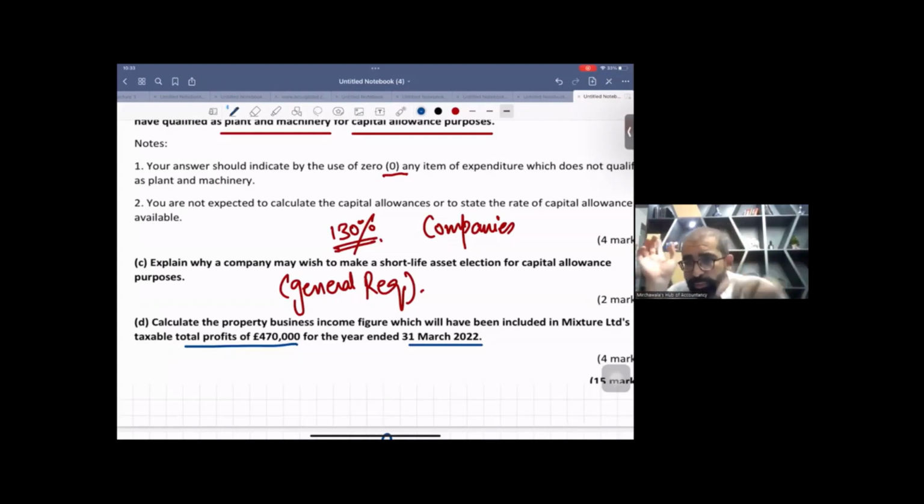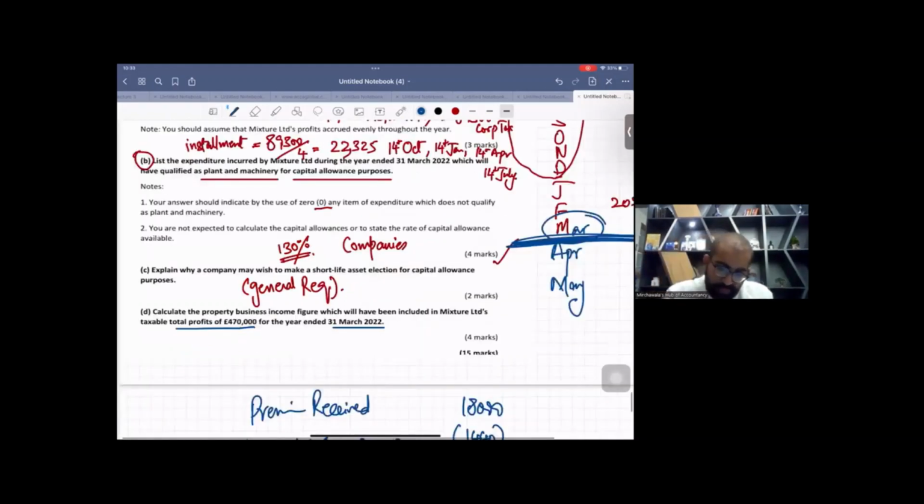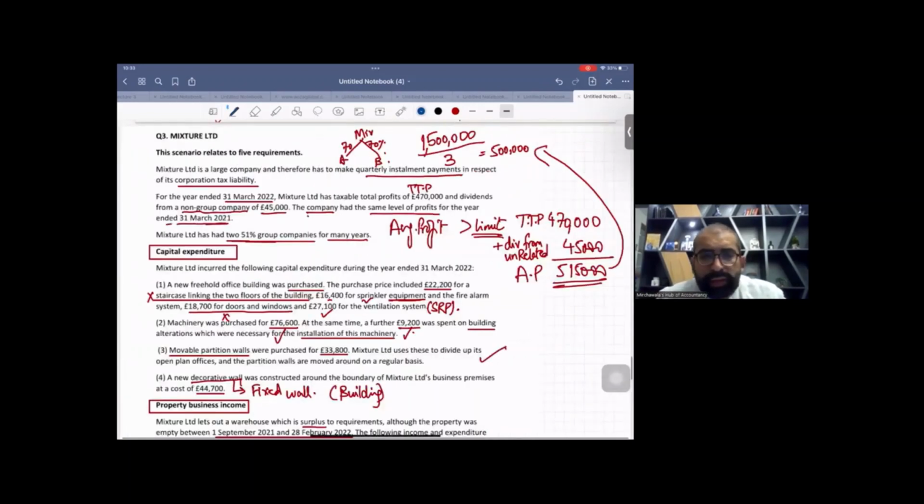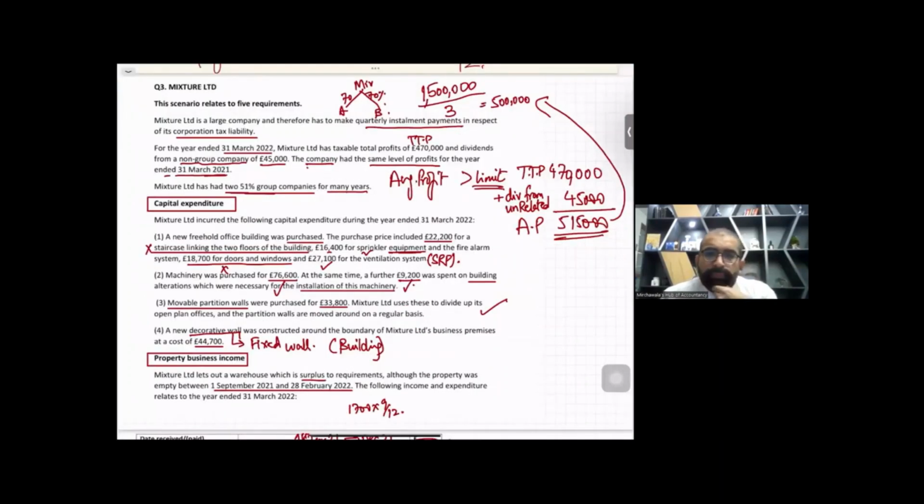I have sent it on the WhatsApp group. If you don't have the question, take the picture of this part and then this part.